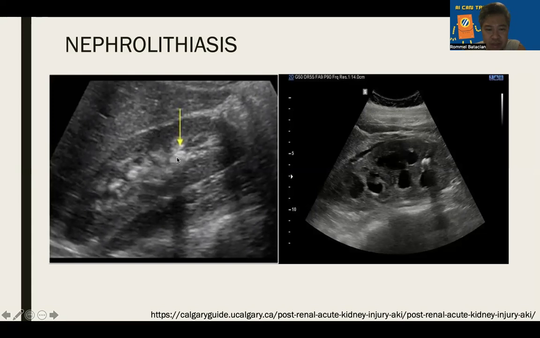But what makes the stone different is that there's this acoustic shadowing, meaning there is a bouncing back of the sound waves from the sonogram, from the stone going back to the top, and it doesn't penetrate down, unlike the other normal parts of the kidney or even the other parts of the body.